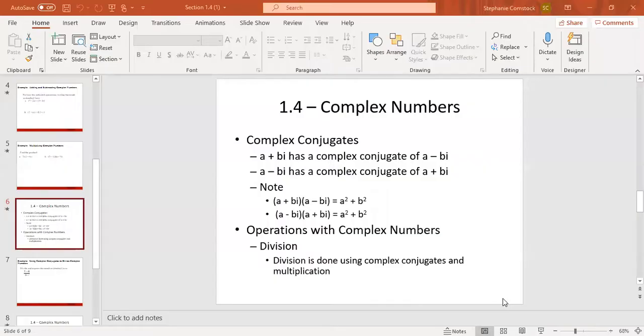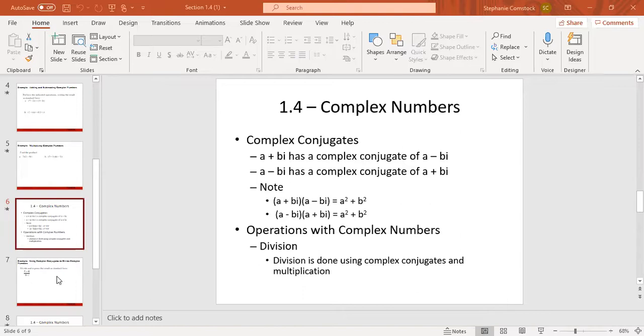Okay, so now when we get ready to do division, we're not actually going to divide. We're actually going to use multiplication to help us out, but we are going to have to utilize our complex conjugates, okay? Now, when we're talking about division here, the bigger concern that we have is we do not want to have i's in the denominator because they are going to show this division as a fraction type of thing, okay?